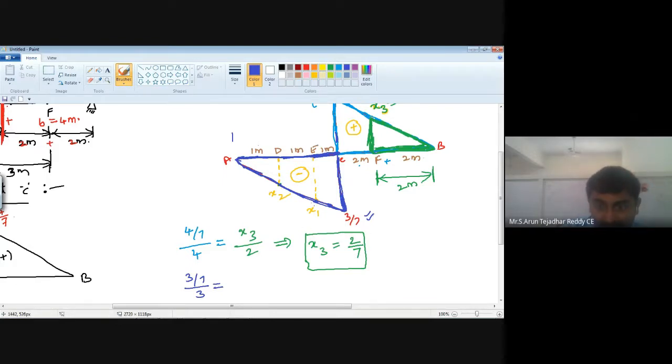here consider the first unknown, that is x1. This orange color now. So here x1 is the unknown. So make one triangle for x1.